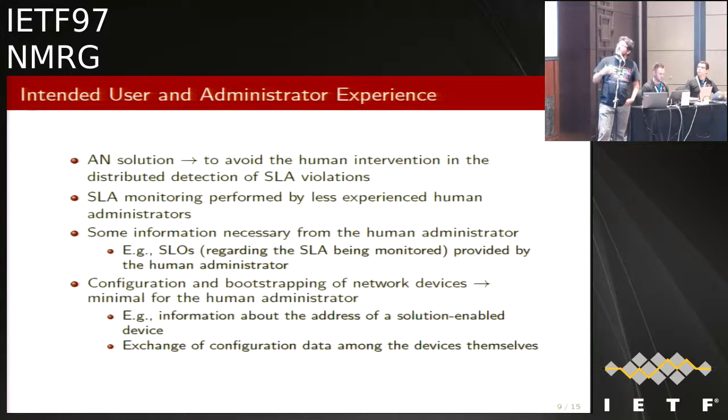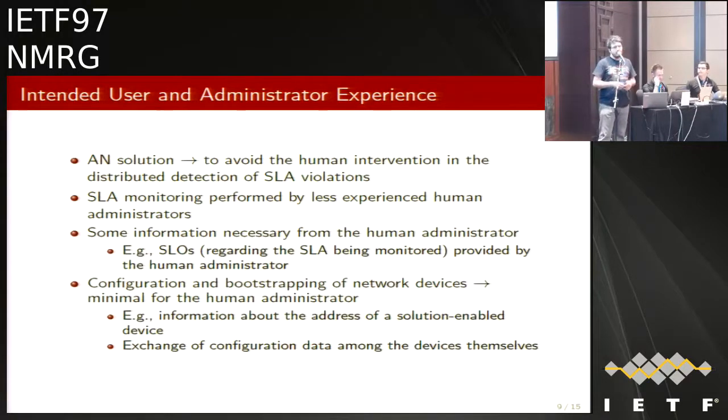Considering the intent, user, and administration experience, as I said before, an autonomic solution should avoid the need for high expertise from the human administrator in the reconfiguration of the probes, and this can lead to this kind of monitoring task in a network being performed by less experienced human administrators.